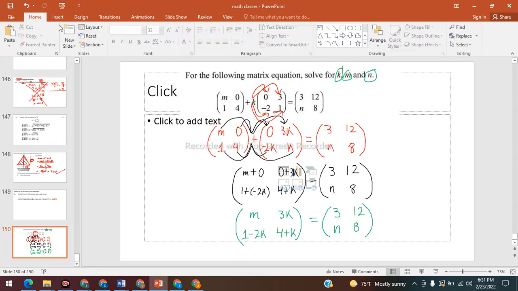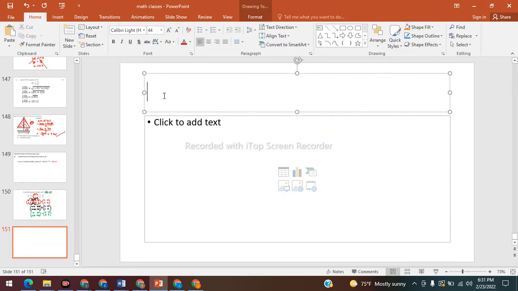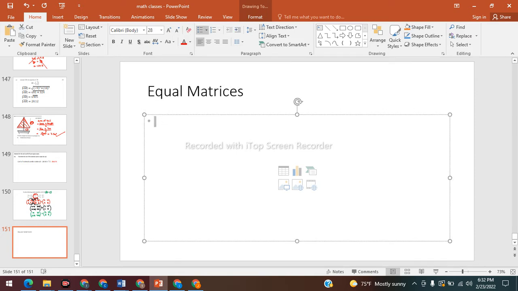Two matrices are equal if and only if corresponding entries are equal.